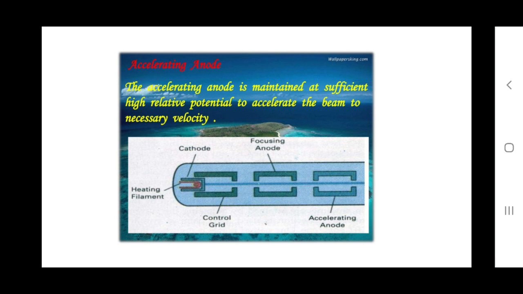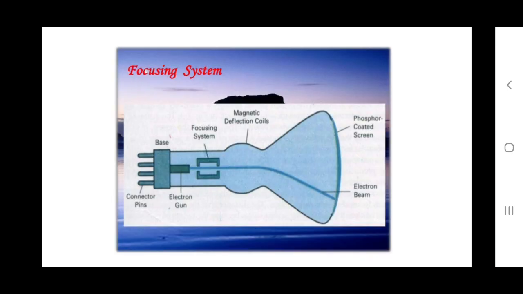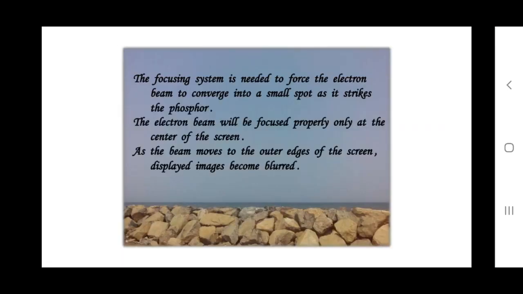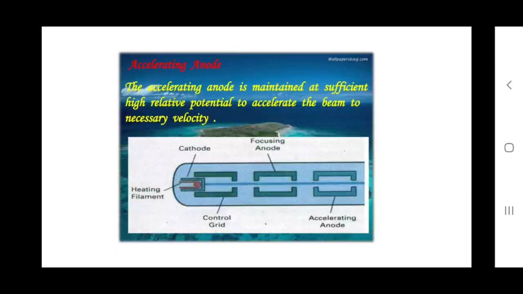Now, what is meant by the accelerating anode? The accelerating anode is maintained at a sufficiently high relative potential to accelerate the beam to the necessary velocity. Here I am showing a 2D diagram of the accelerating anode, where there is a heating filament, a cathode, a control grid, a focusing anode and an accelerating anode.